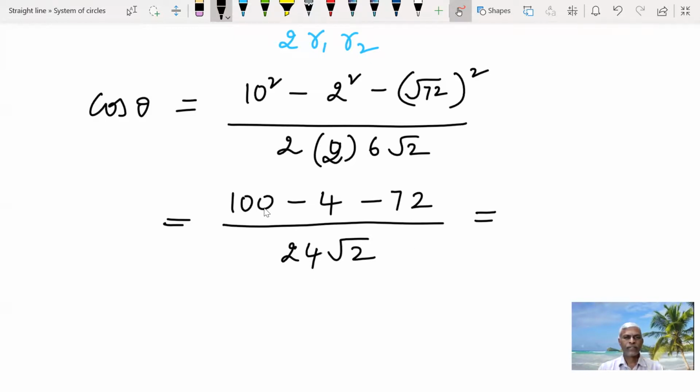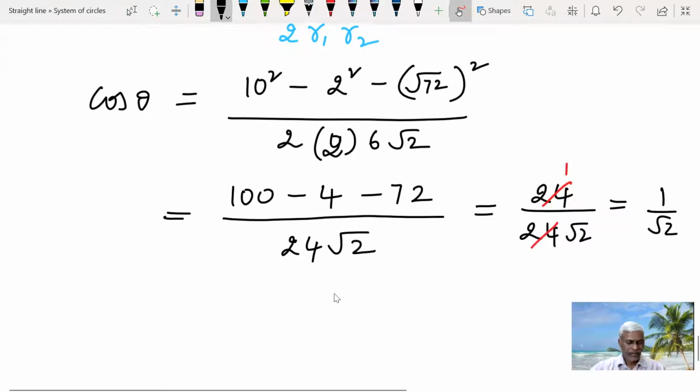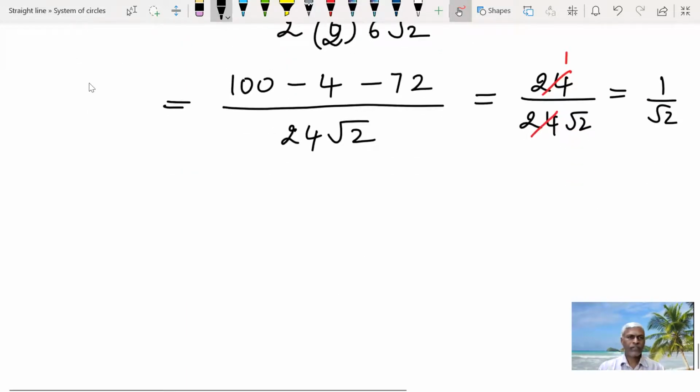So 100 minus 76, 24 by 24 root 2 is 1 by root 2, after cancelling. Now cos theta is equal to 1 by root 2.